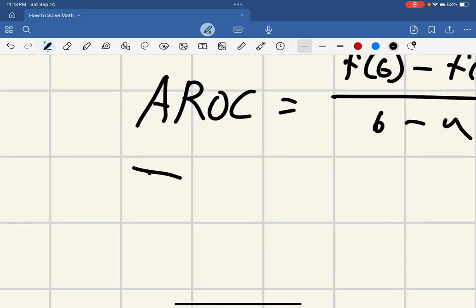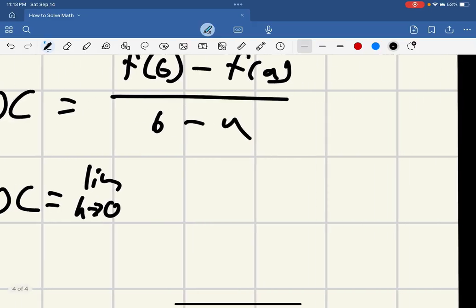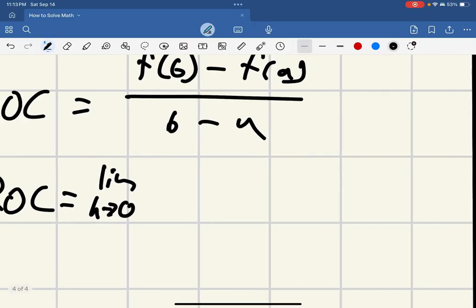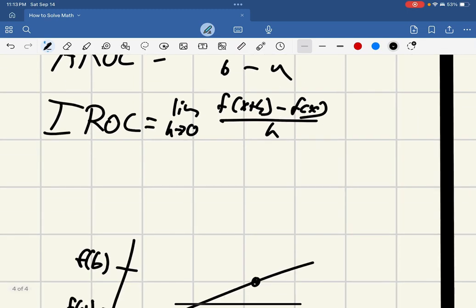So the average rate of change is basically telling us that as the limit approaches, and we're going to do h because this one's a whole lot easier, as the limit of f of x plus h minus f of x over h, as h approaches 0, that's going to be our derivative.